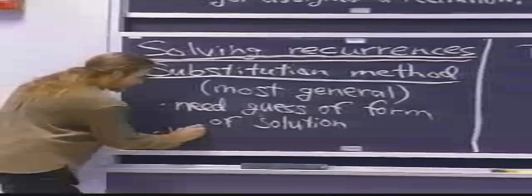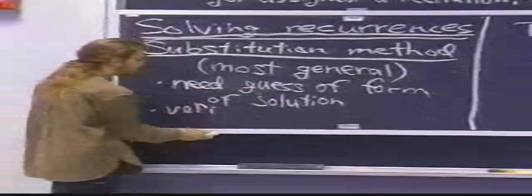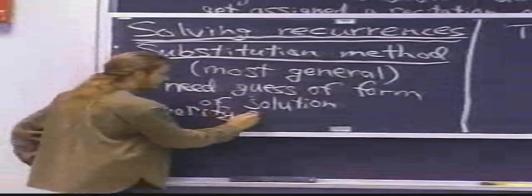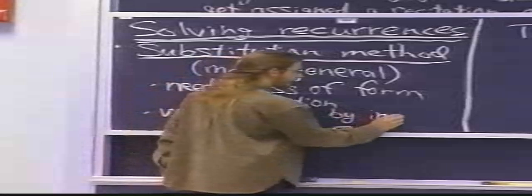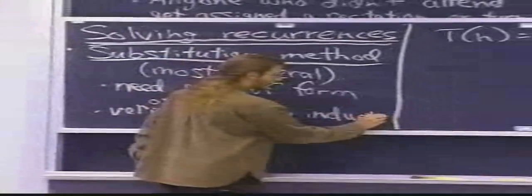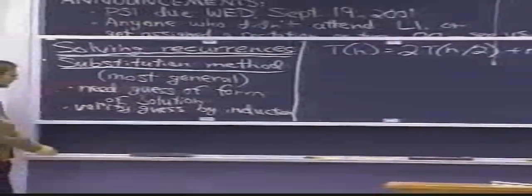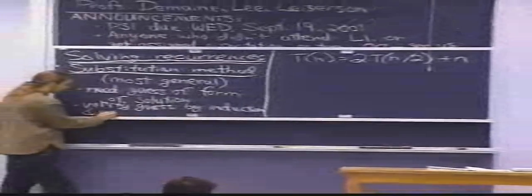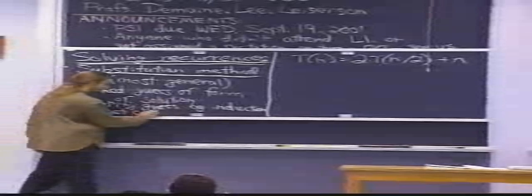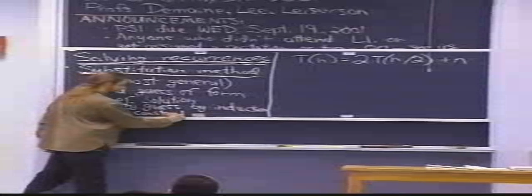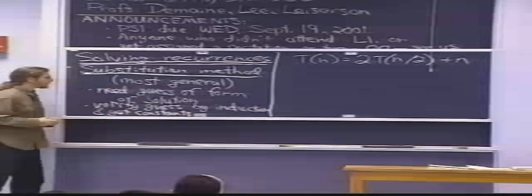So you verify the guess by induction. And when you do that, you'll actually figure out not just the form of the solution, but you'll get the constants as well. Good.